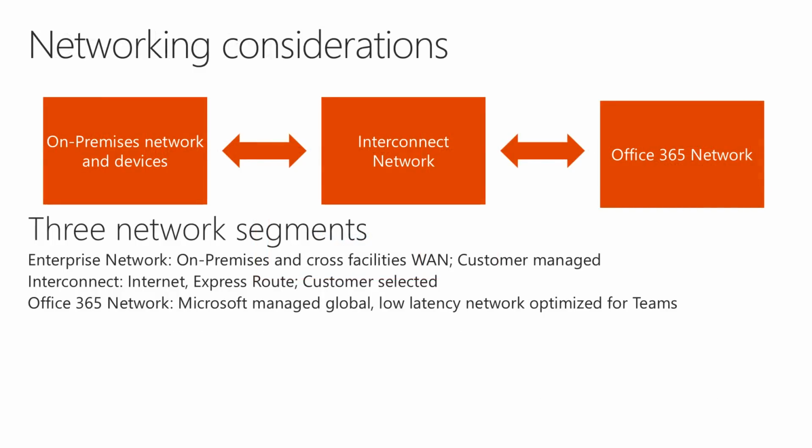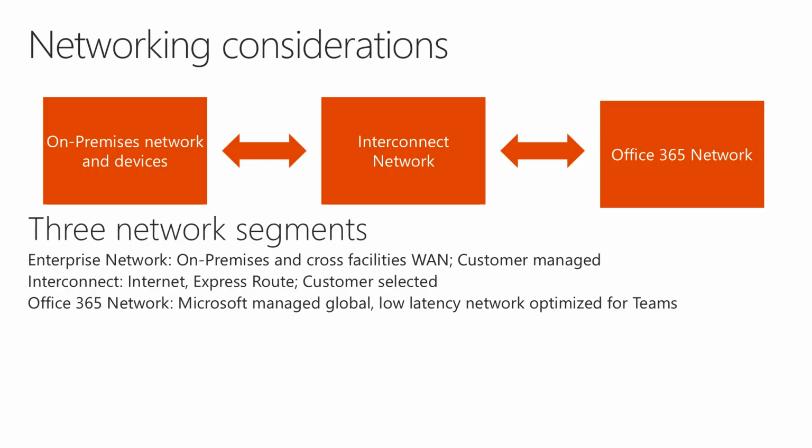One of the main factors impacting the quality of your calls is the network. If you're implementing phone system, you should definitely think about the network. And to be honest, if you're doing any kind of real-time traffic, such as audio or video with Teams, you should be looking at your network and making sure that it provides the quality that you need.